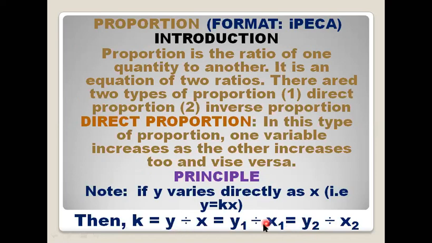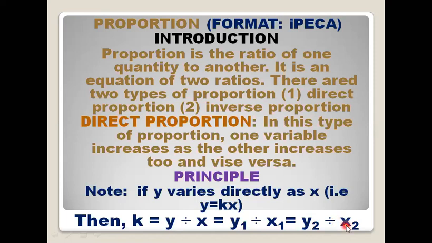You can see where this formula is derived from. It's derived from the original formula, y equal to kx. If I make k the subject of the formula, you get y divided by x. So the same k is equal to y1 divided by x1, and it is also equal to y2 divided by x2.